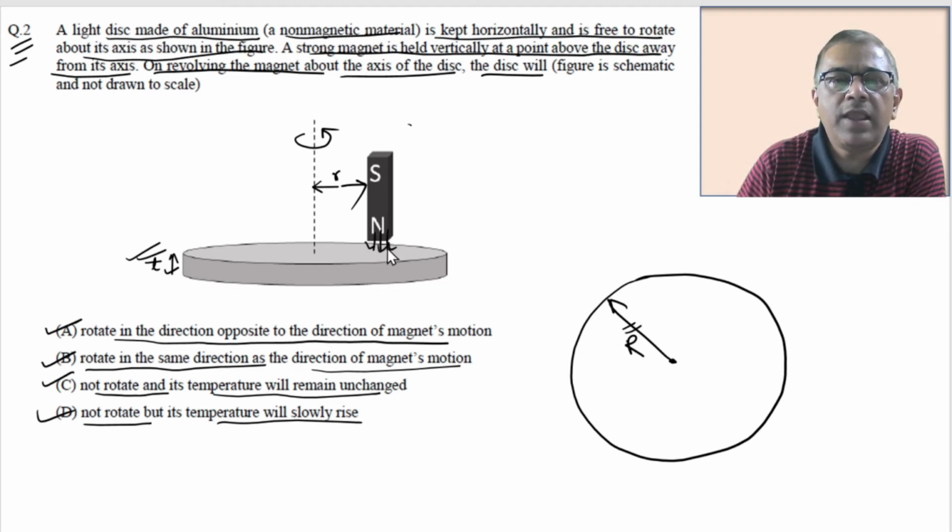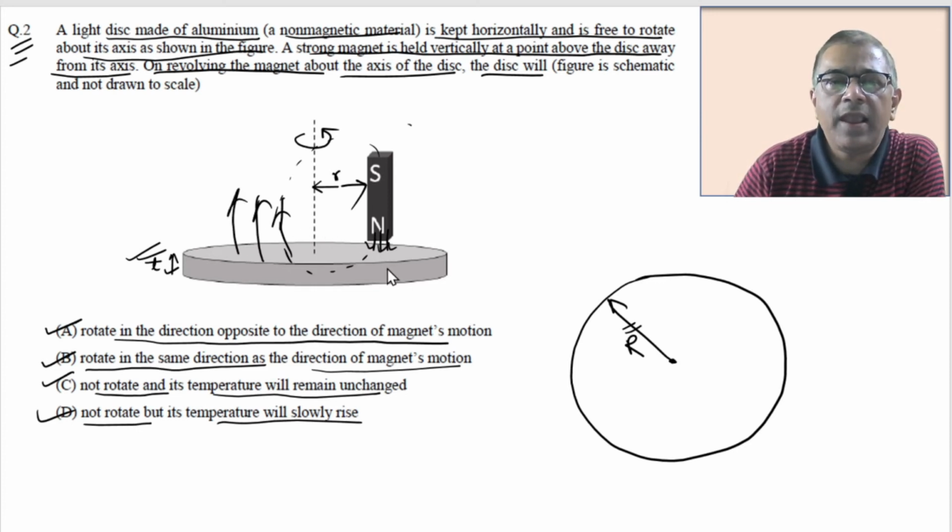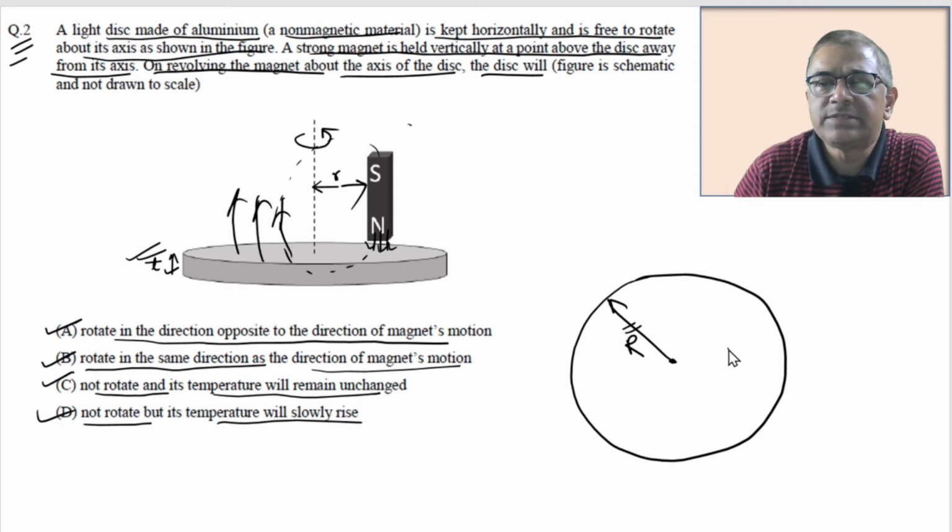Now they not only enter into the disk, but if you draw the magnetic field lines, you will notice these magnetic field lines also have to come out. They are entering through a small cross section. This is the cross section through which magnetic field lines are entering.